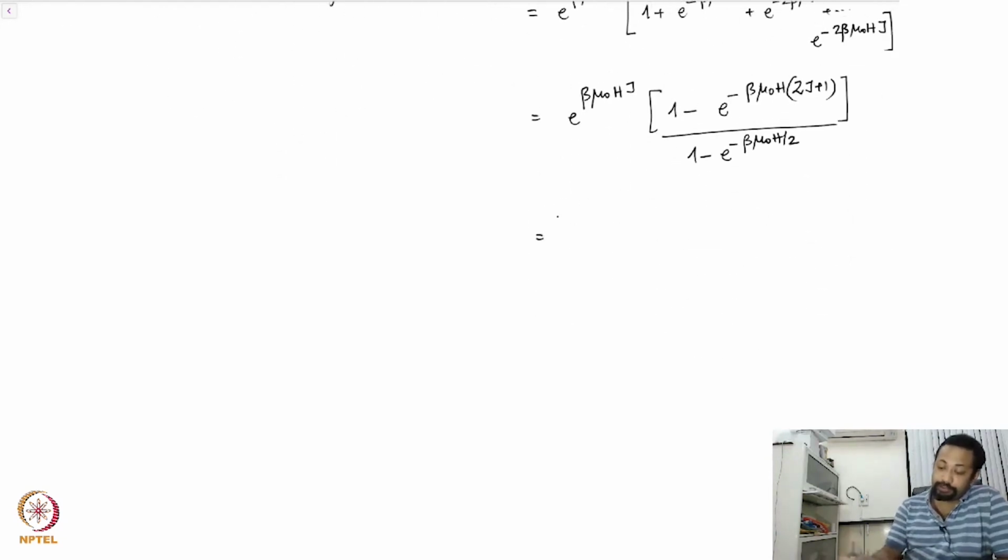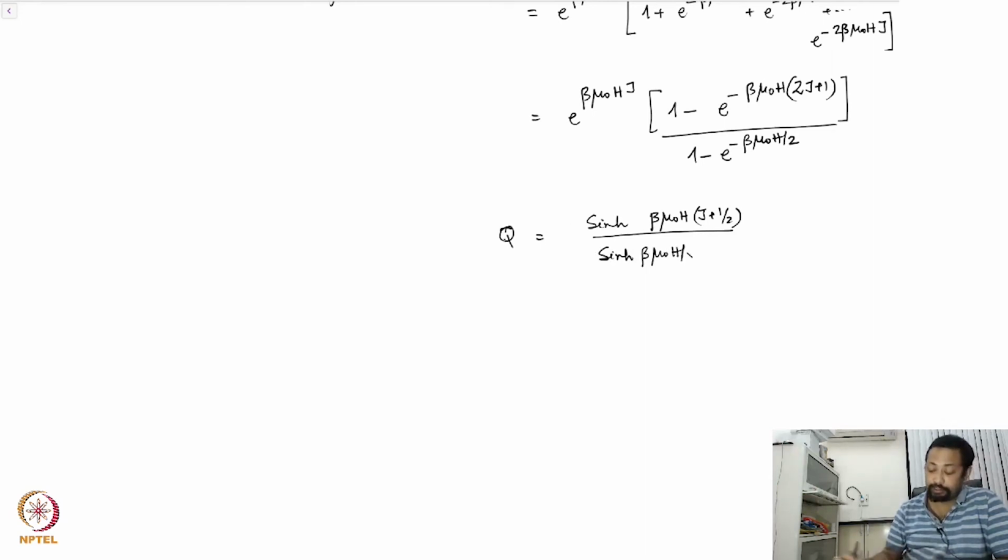Which becomes, with a little bit more simplification, if you manipulate this, sine hyperbolic of beta mu naught h times (j plus half) divided by sine hyperbolic of beta mu naught h by 2. This is your single particle partition function.